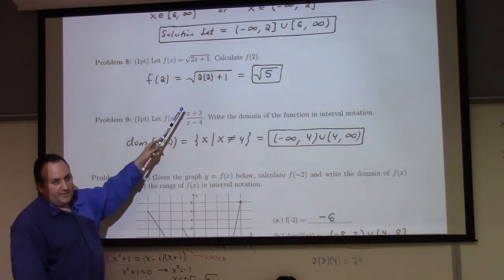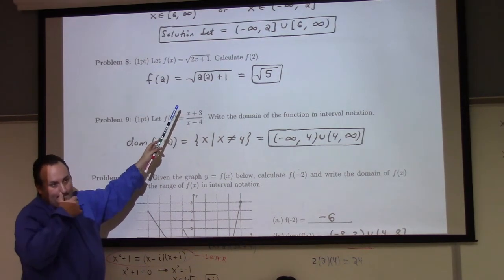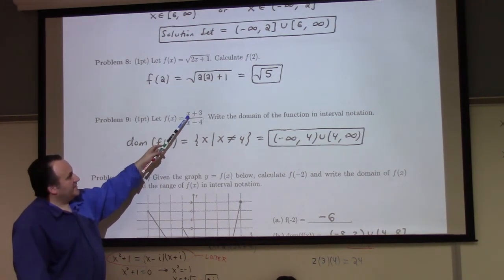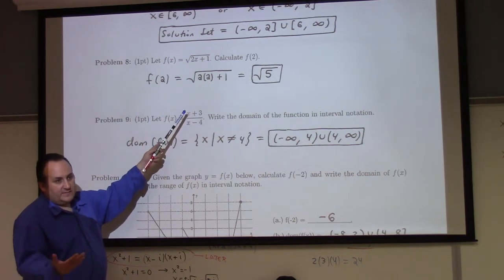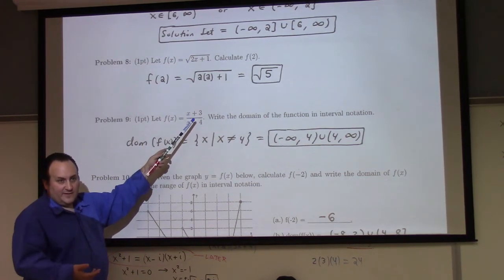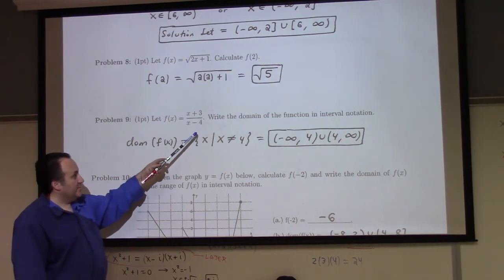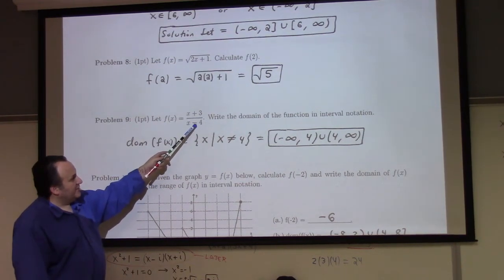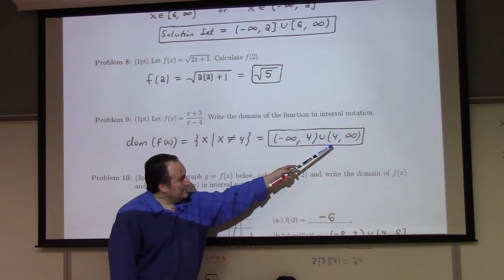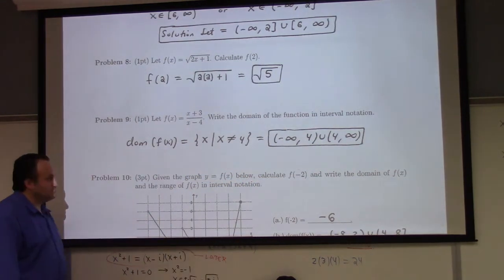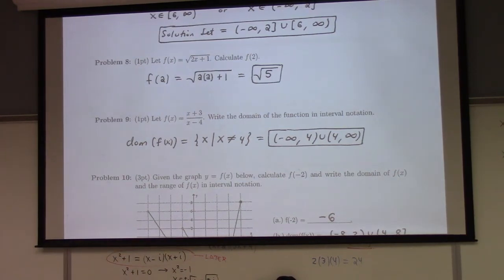What happens if x is equal to -3? If x is equal to -3, that makes f of -3 0. That's fine. It could be 0. That doesn't rule it out, right? But denominator 0, that's a problem. So when x equals 4, we must avoid that. So x is not equal to 4. So my solution is the union from -infinity to 4 and 4 to infinity. That's that one.